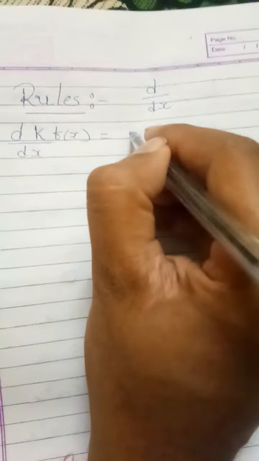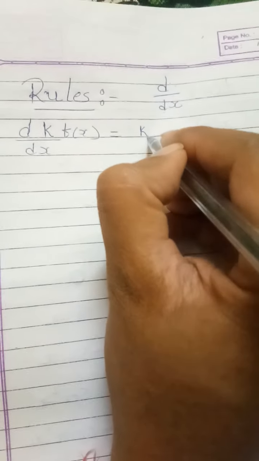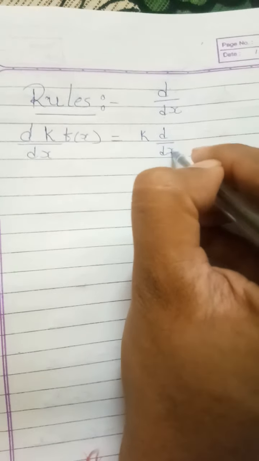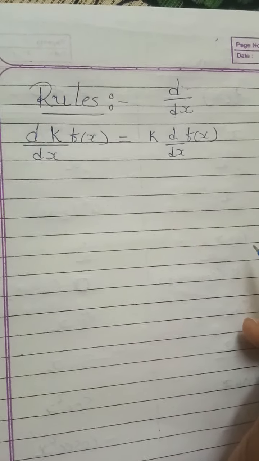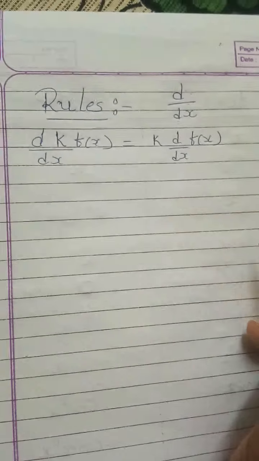So if a function has a constant with it, its derivation is the constant as it is, times the derivation of the function, meaning k into d dx of f of x.